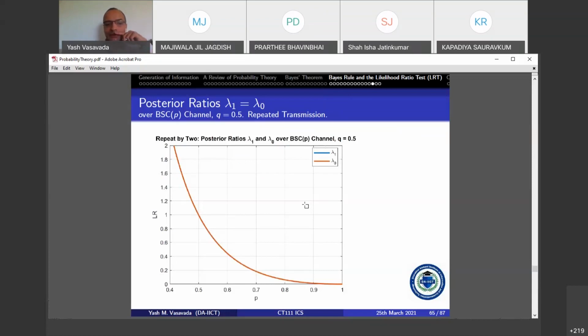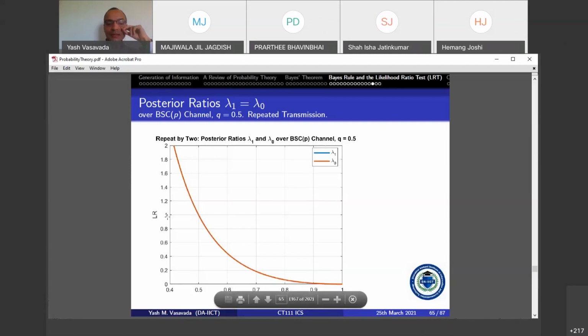But I would like to see what is going on. What were the lambda 1, lambda 0 values when P equal to 0.4 for the single test? 1.5.